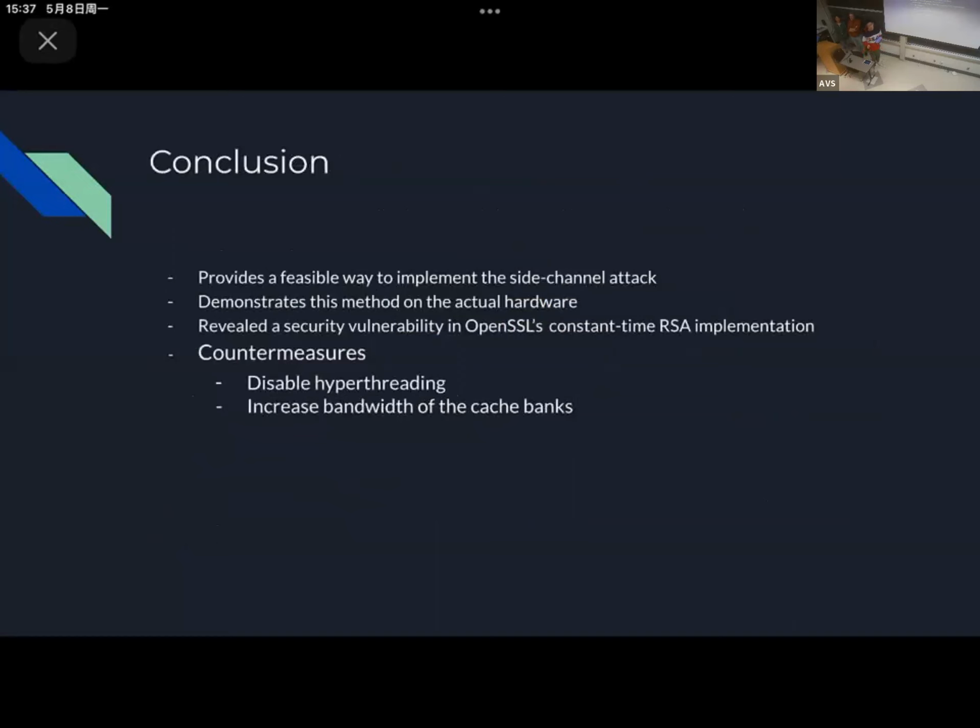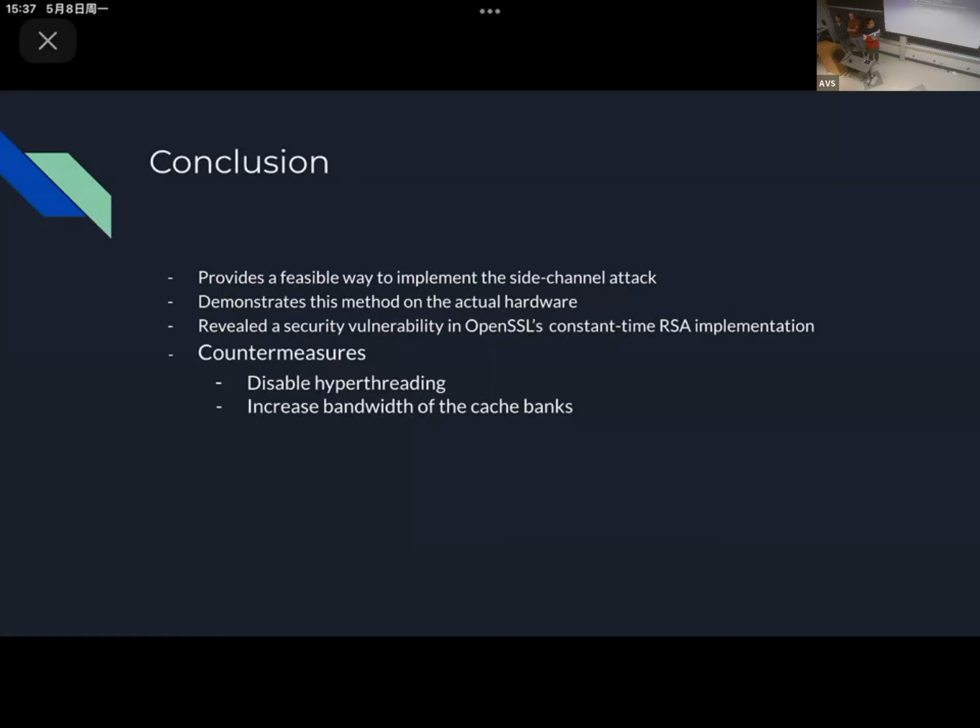The conclusion of this paper is that it provides a feasible way to implement the side channel attack and also demonstrates this method on actual hardware. They also found a problem in the OpenSSL RSA implementation. And they point out 2 countermeasures. The first is to disable the hyper threading function so that the attacker and victim will not share the cache.